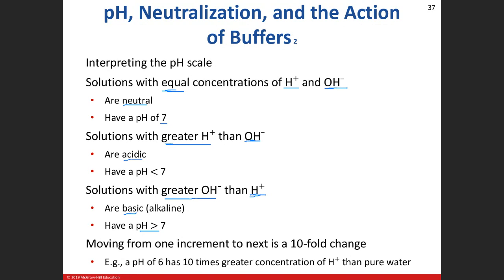Just a common fact here: when we move from one value on the pH scale to the next, so when we go from 7 to 6, that's a 10-fold change. If we go from 5 to 4, just keep in mind, that's a 10-fold change. So when you go from one number to another number, it's a 10-fold change.